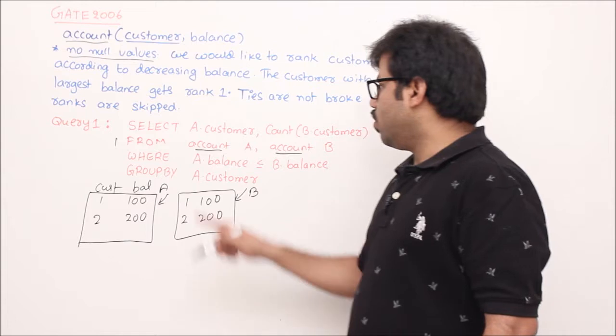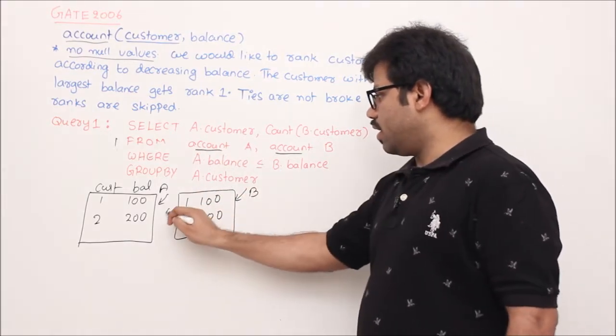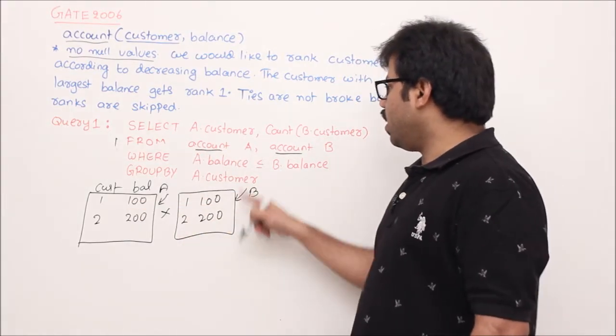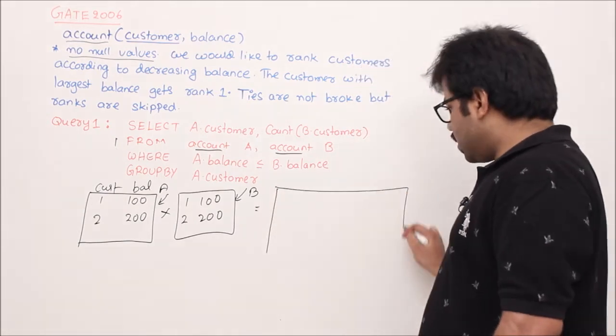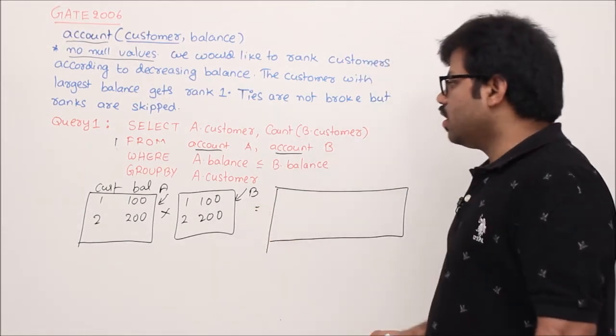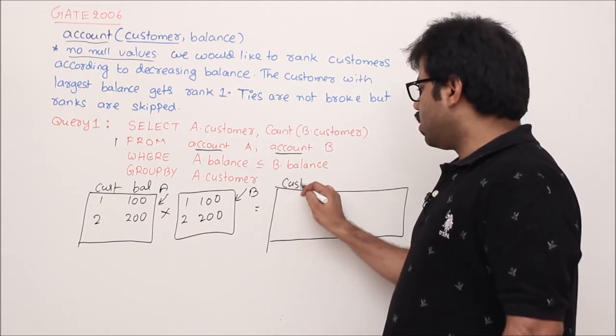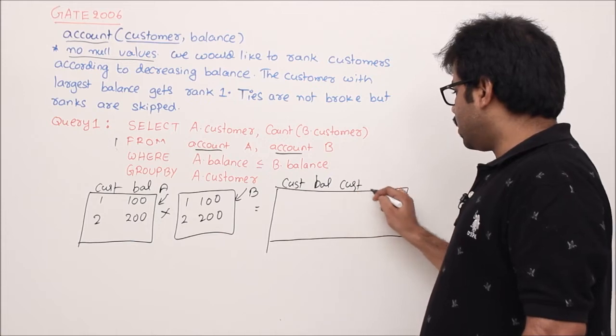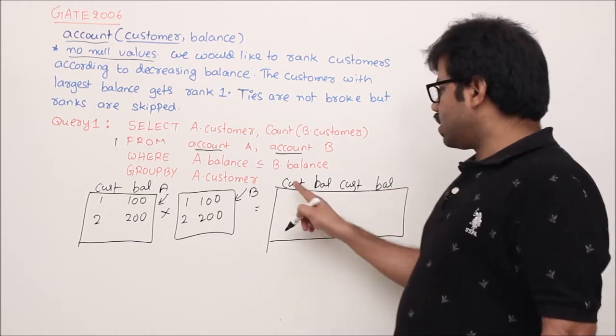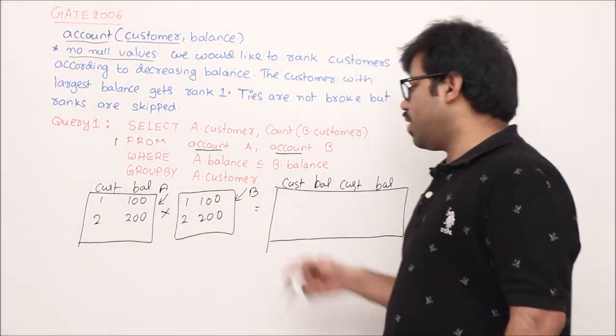Step number 1: account A, account B, Cartesian product. If you do the Cartesian product patiently, you get this kind of structure. What is that? 4 columns: customer, balance, again customer, balance. This customer and balance from here and this customer and balance here.